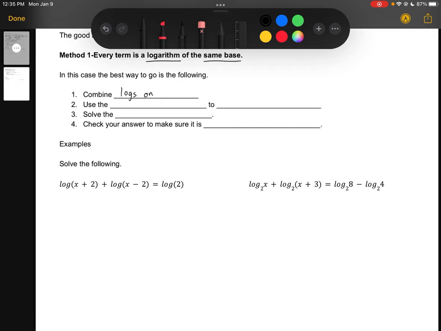So first, what you want to do is combine the logs on both sides. And then second, you're going to want to use the property of logarithms that we just did above, and we can use this to eliminate the log.